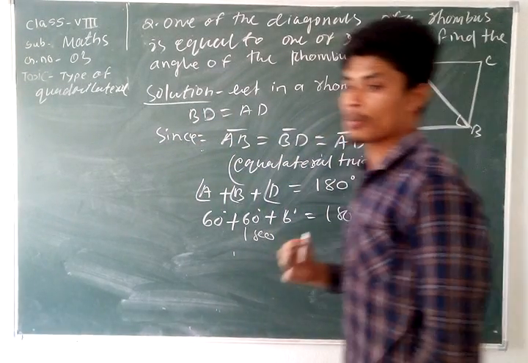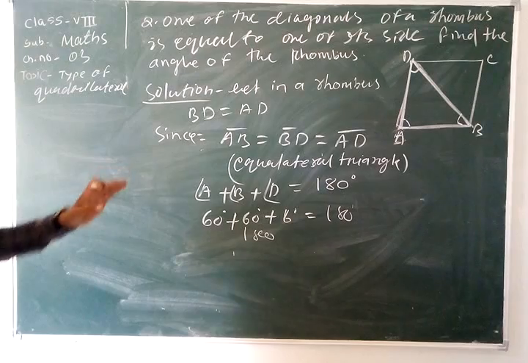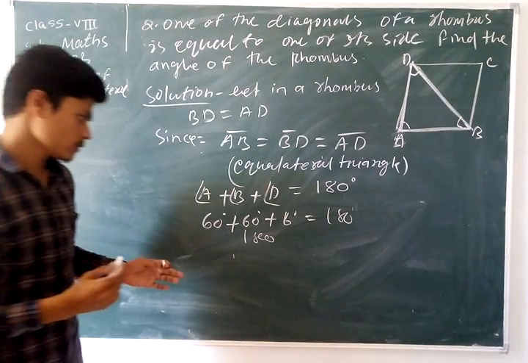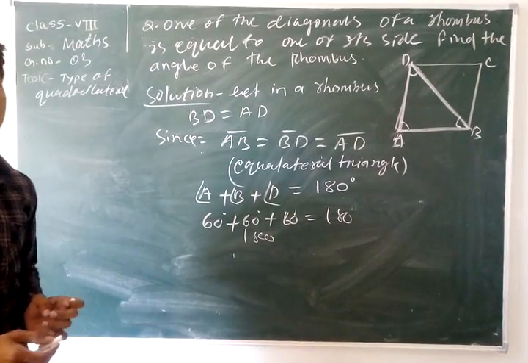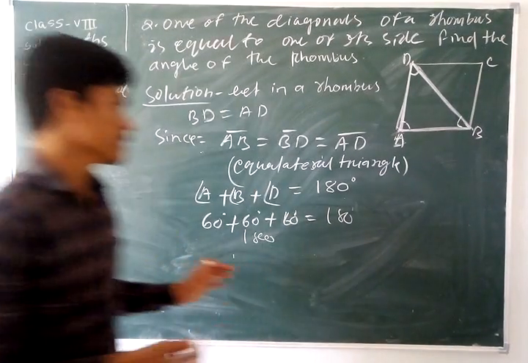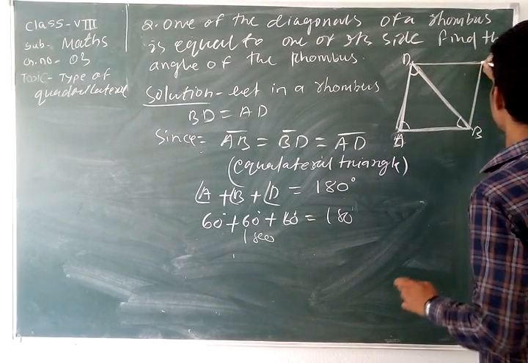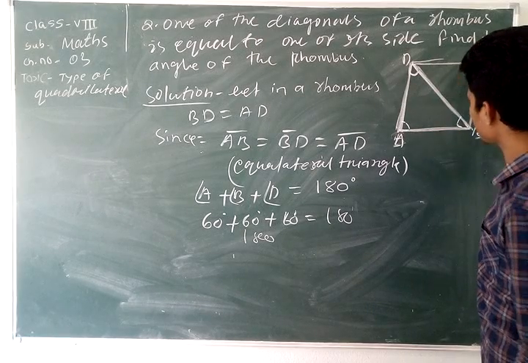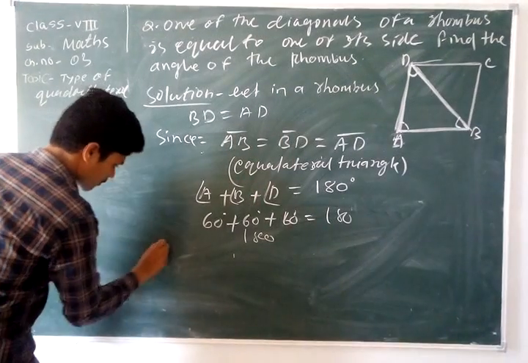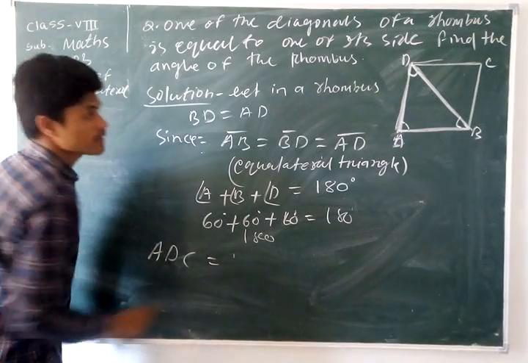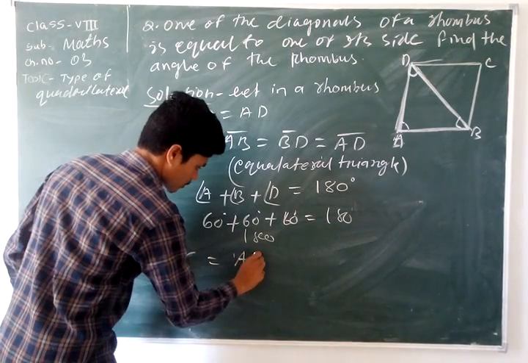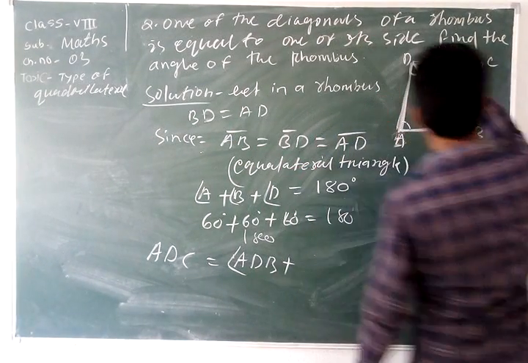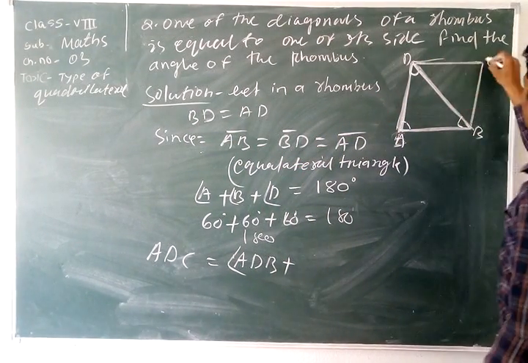We know that. Then the opposite angle of the rhombus, what is ADC? ADC equal to 60 degree. Okay. Now see here, ADC equal to what? ADC equal to ADB plus BDC.